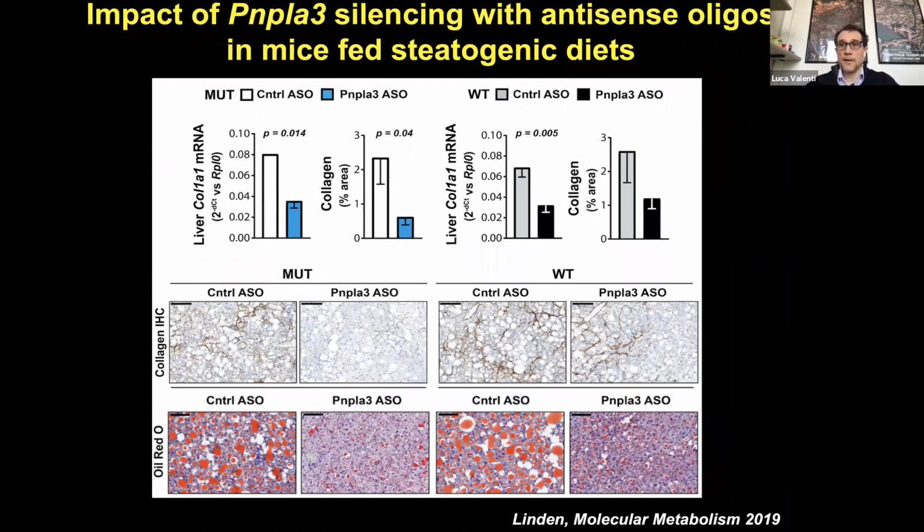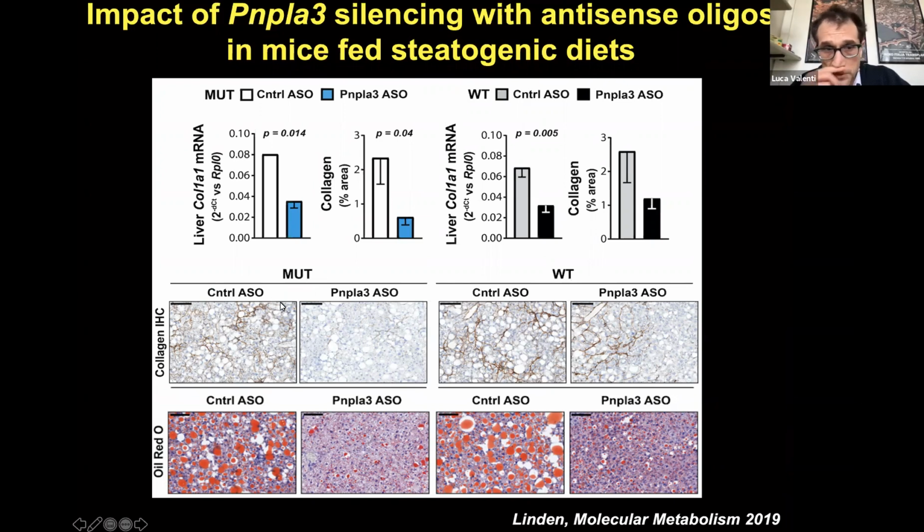So again, this has been proven in experimental models in mice fed steatogenic diets, the high sucrose diet here, or a westernized diet here above, showing that in particular in mice engineered to express the mutant variant of PNPLA3, the silencing of PNPLA3 in the liver by delivering antisense oligonucleotides conjugated with glucosyl residues was able to inhibit not only steatosis accumulation, shown here with an effect which was more marked in mice carrying the mutation as compared to wild-type mice, but in particular in mice on Western diet, this approach was able to reduce liver fibrosis.